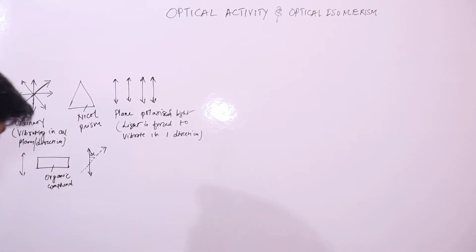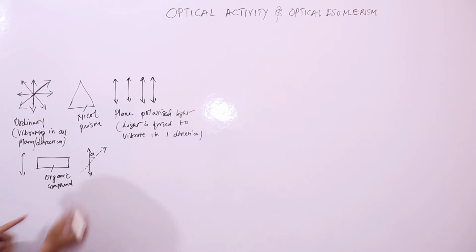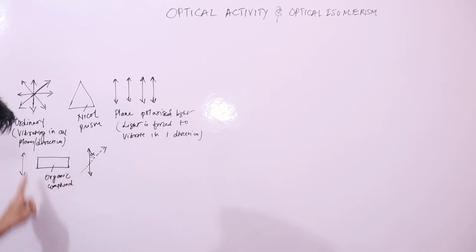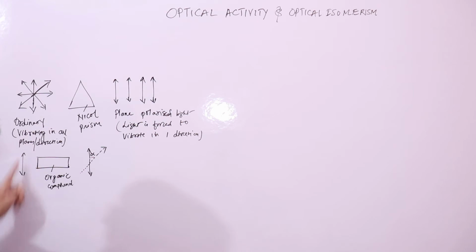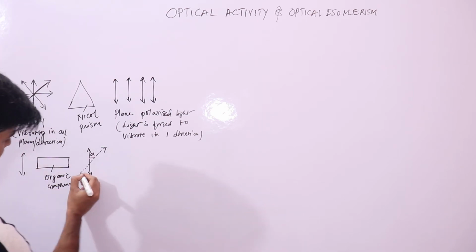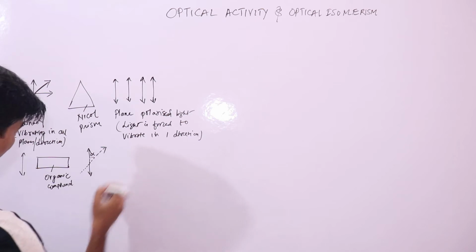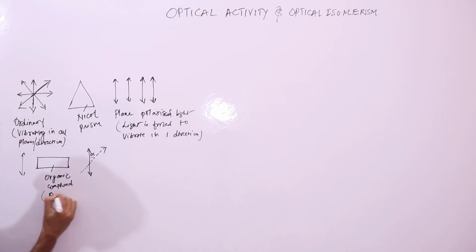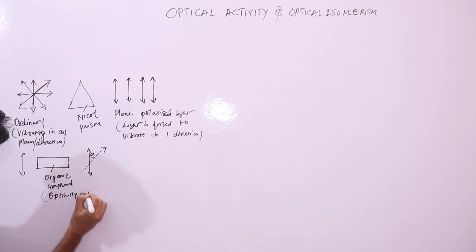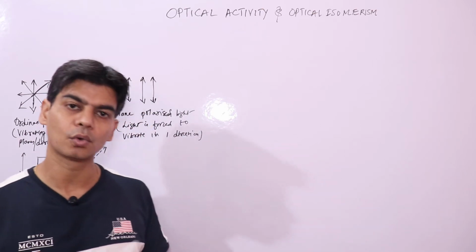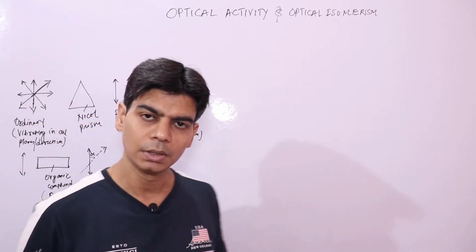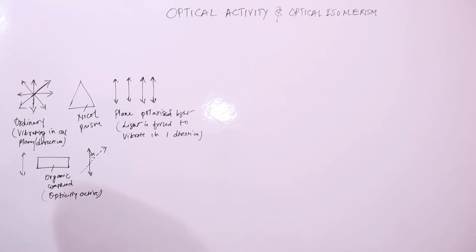The property of this organic compound to rotate the plane of polarized light through an angle alpha is optical activity, and the compound is said to be optically active. So when we say a certain compound is optically active, that means it can rotate the plane of polarized light. Now there are two types of organic compounds.